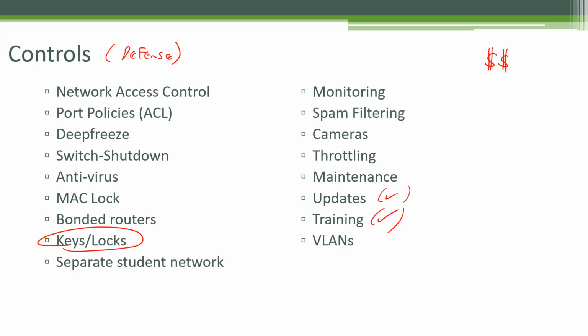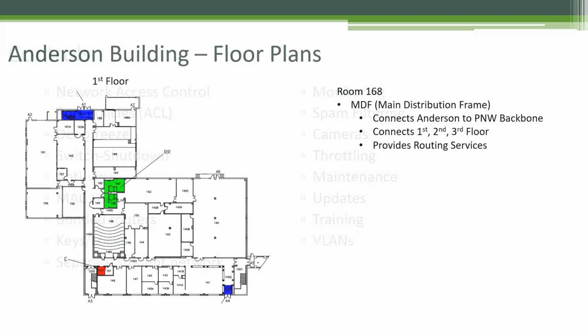All right. For context, whatever organization you're doing, try to come up with some kind of diagram of the network they would have in place. It doesn't have to be that technical, but you can see here, this is just the Anderson building, where they have the main distribution frames, where all the network cabling is, the network closets.